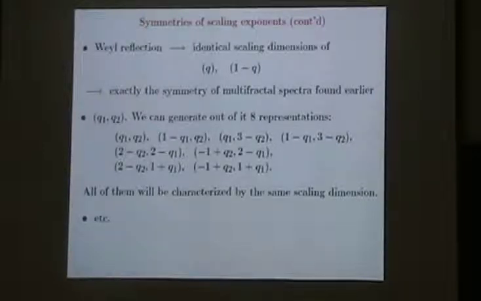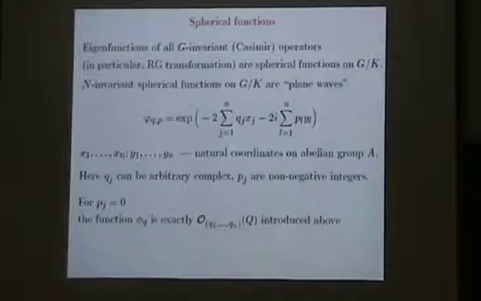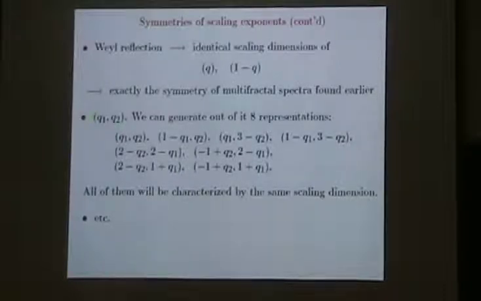The multifractal case corresponds to just one q, so just one moment: you go to the operator which is 1 minus q, and then you have the same eigenvalues. But if you have an operator which has two q's, q1, q2, which means that you take the product of a1 to some power and a2 to some power, the 2 by 2 Slater determinant to some powers, multiplying them, then for any pair q1, q2, you construct another one that should have the same eigenvalue.